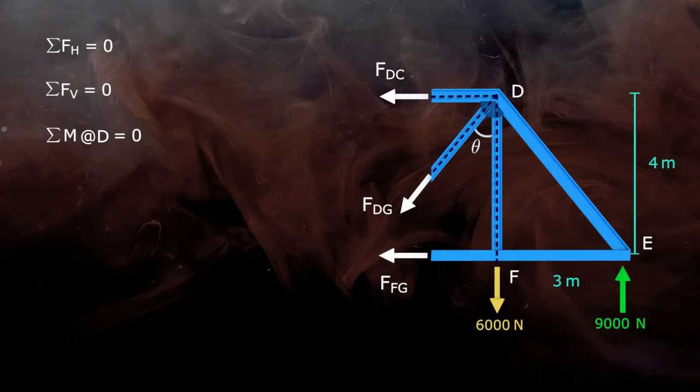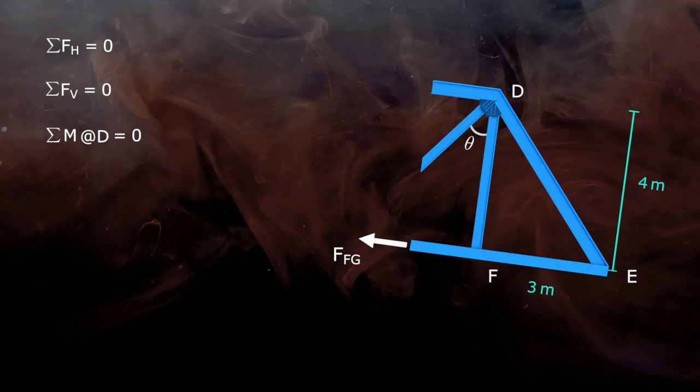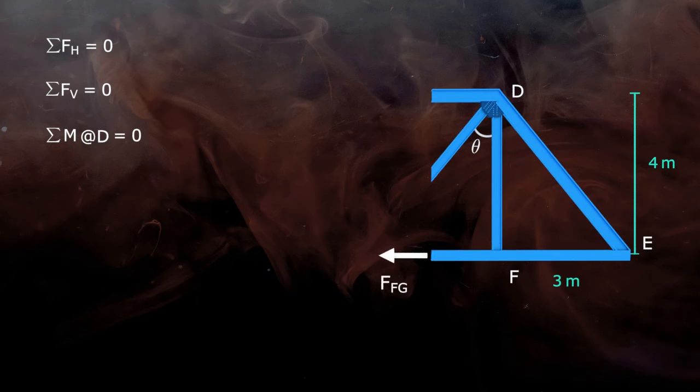Now let's think that joint D is fixed and only FFG is applied. It will rotate the truss in the clockwise direction, so it will have a negative sign. Also, the distance between joint D and force FFG is 4 meter. So the moment will be minus FFG into 4.